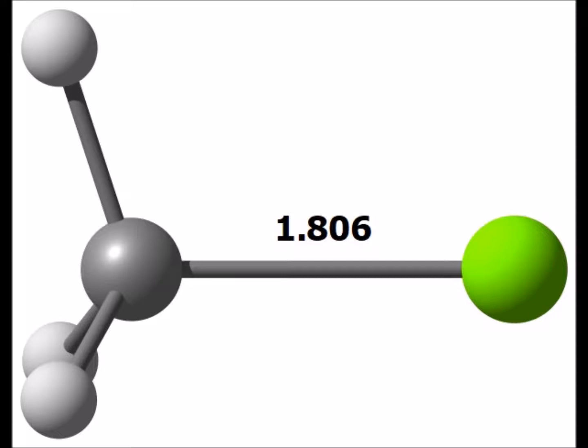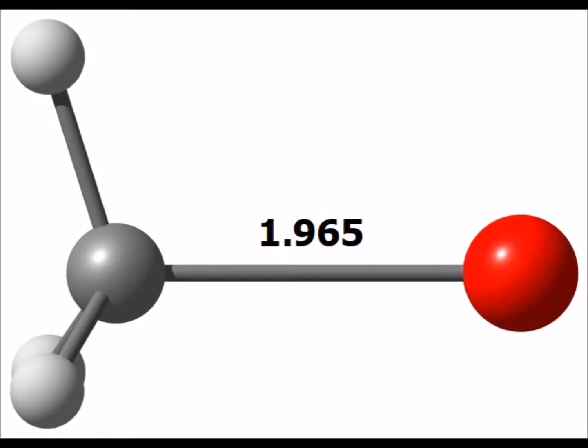Here is chloromethane with the chlorine atom shown in green, carbon in gray, and hydrogen in white, and we notice that the carbon-chlorine bond has a length of 1.806 angstroms. In bromomethane, the carbon-bromine bond length is 1.965 angstroms.